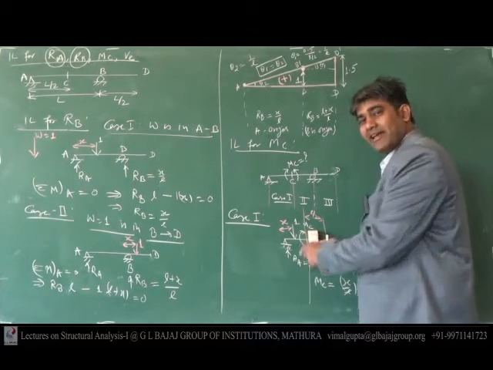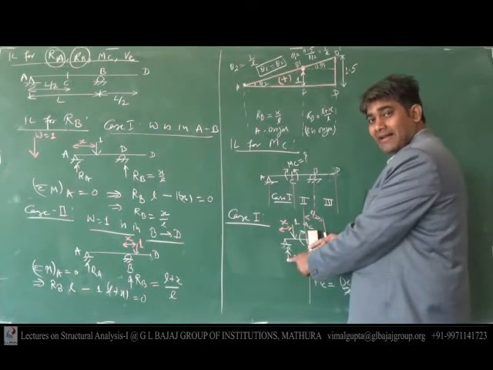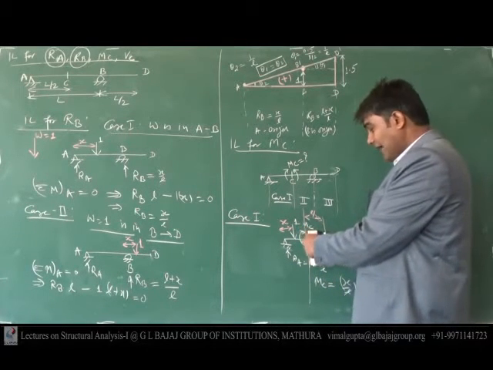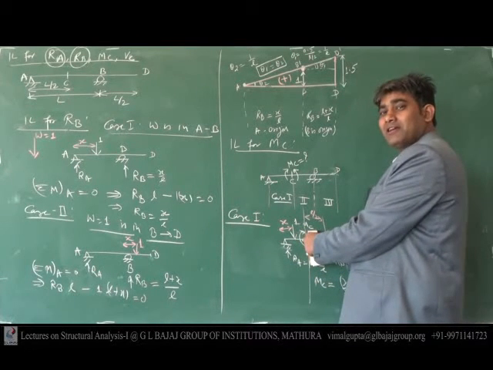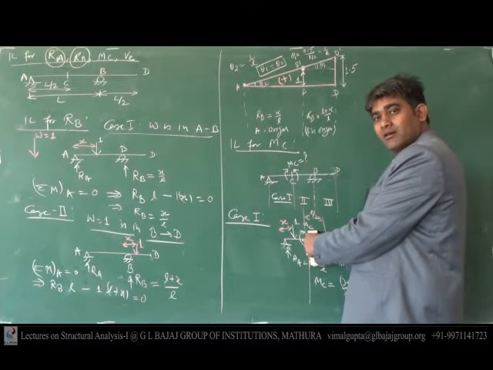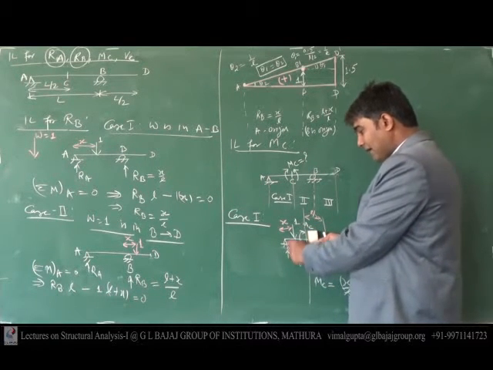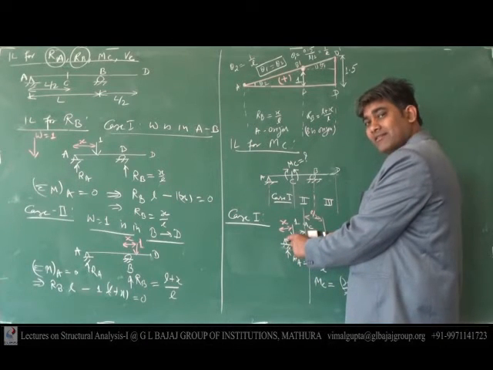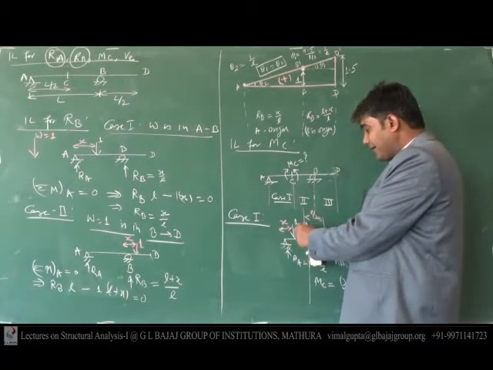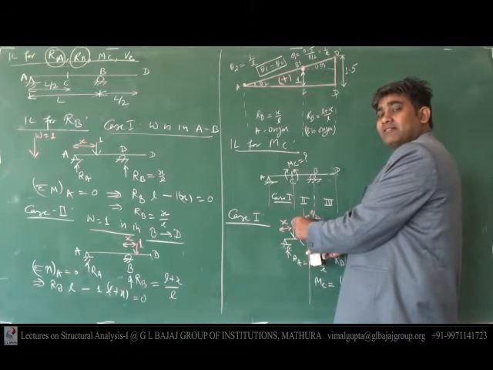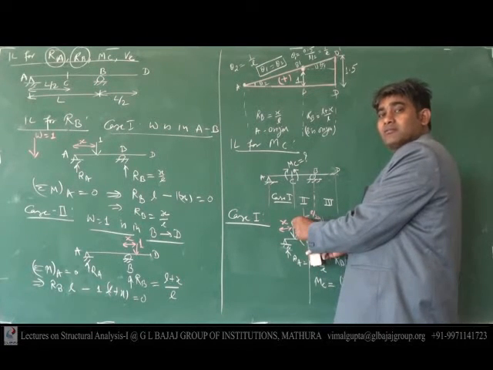Here, how many forces are there? RA is there, M is there, and MC is there. 3 forces are there. So the value of MC will be RA multiplied by this, minus 1 into this one distance, and that distance is L by 2 minus X.